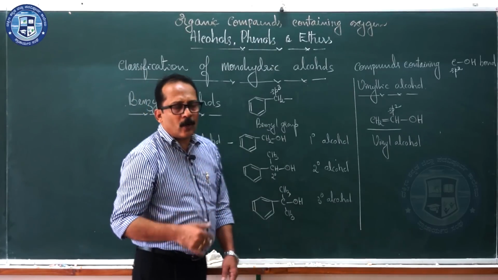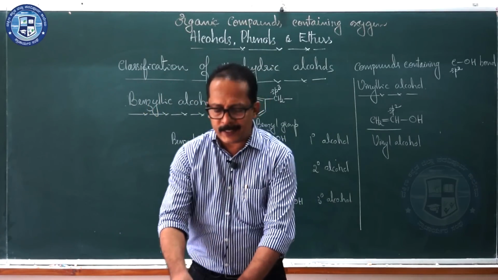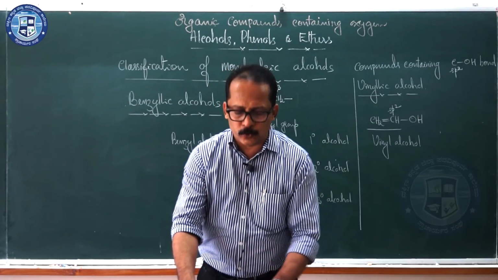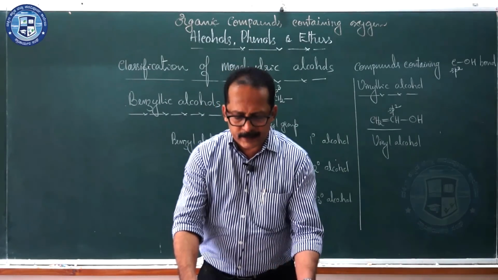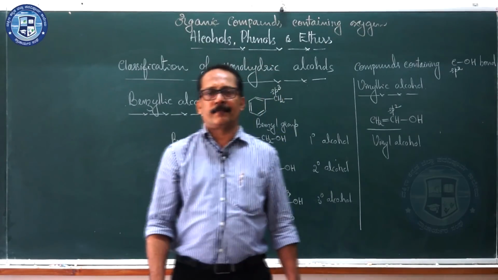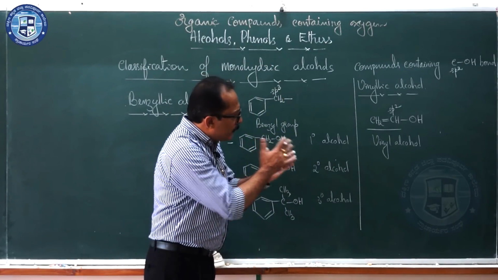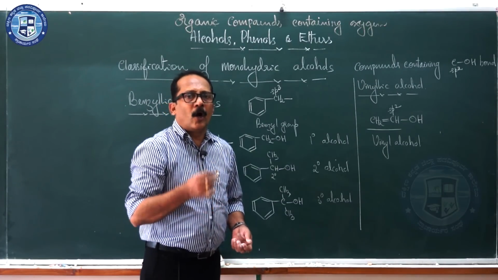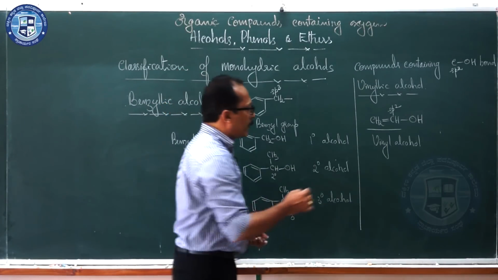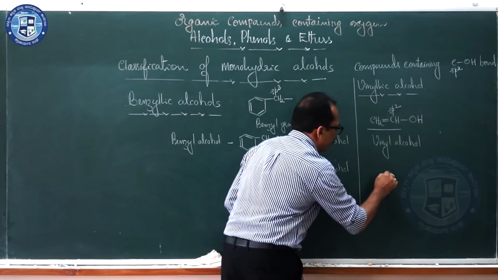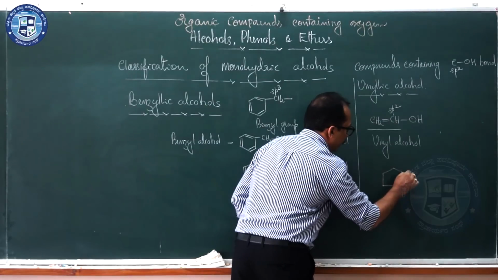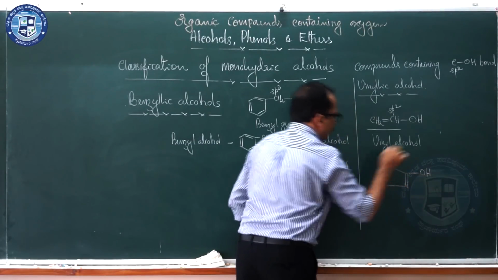So, what are vinylic alcohols? These are the alcohols in which OH group is attached to sp2 hybridized carbon. For this we can take one more example of cyclic compounds. Look here.